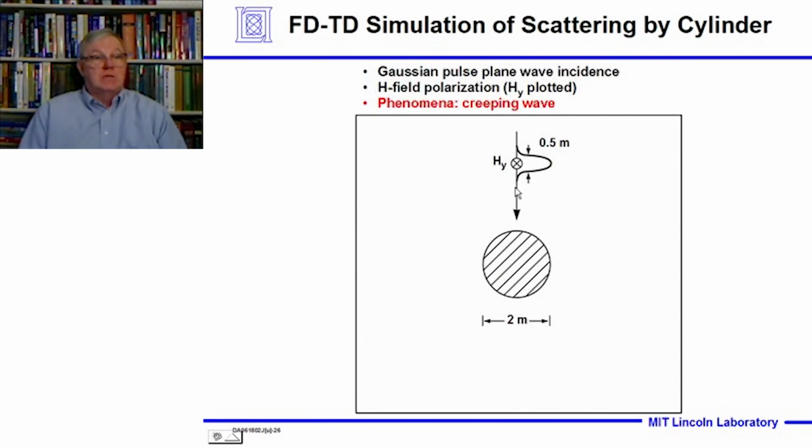Now if we take an example where the magnetic field is plotted into the paper and the electric field is out this way, we're going to see a creeping wave go around, right around both sides and come back out.